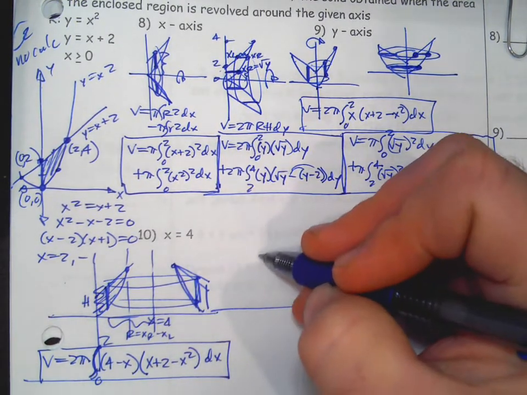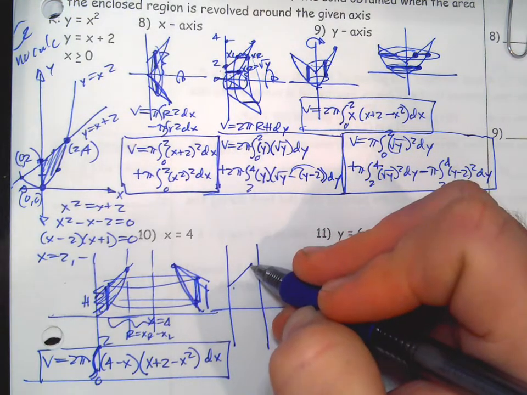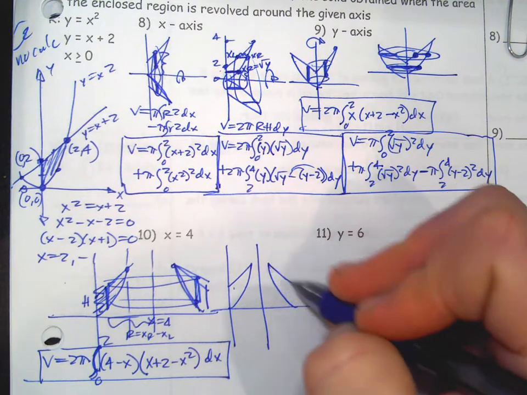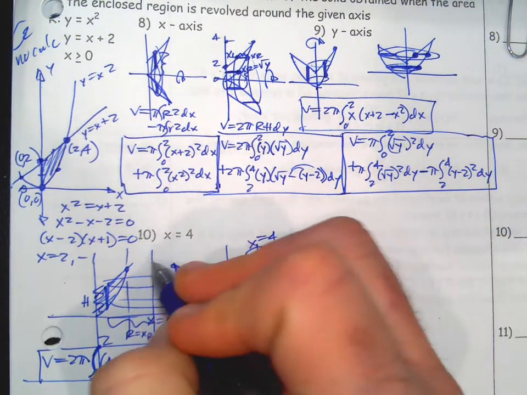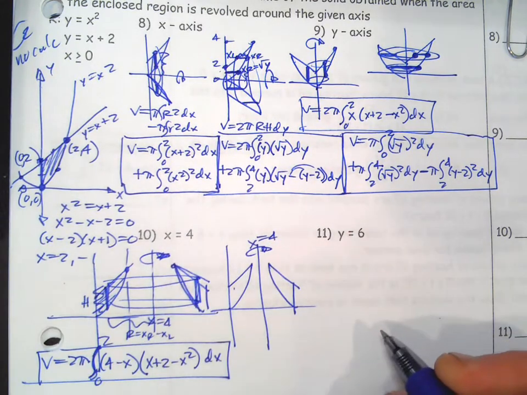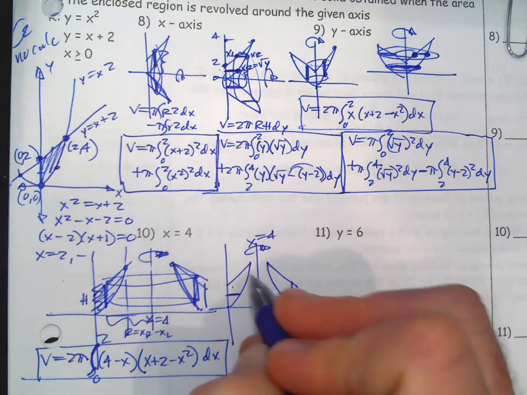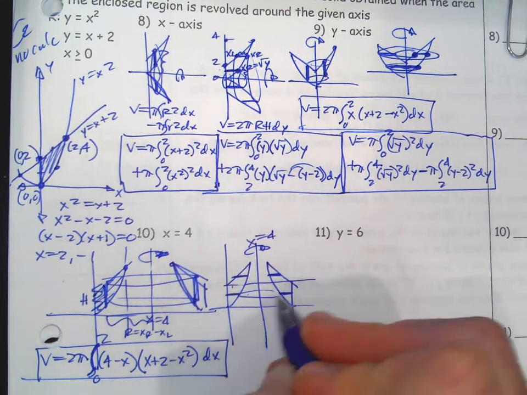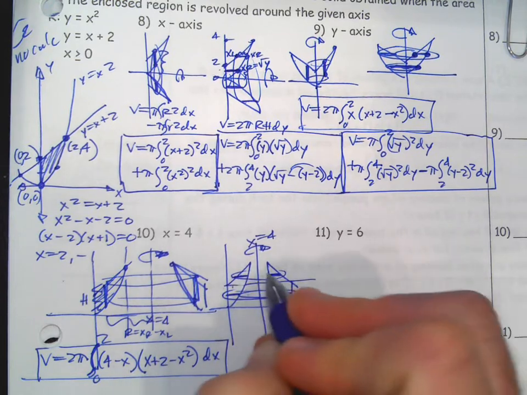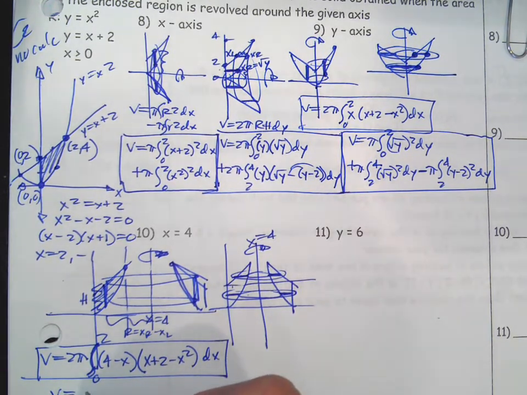We draw another quick picture. And so this time we're going to do horizontal slices, and they're going to be disk washers, and we're going to have to change our strategy right here. We're going to have to change our setup. So volume equals pi r squared.